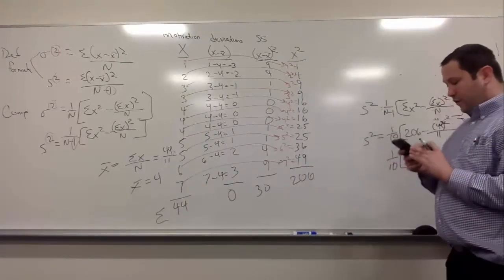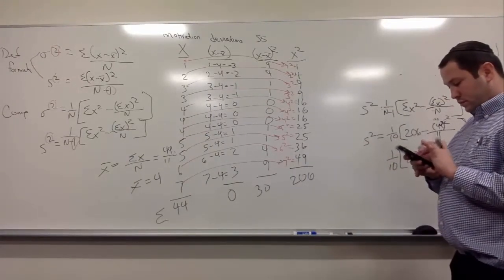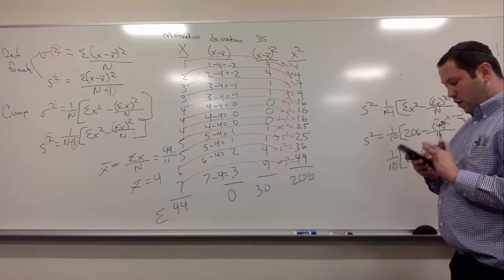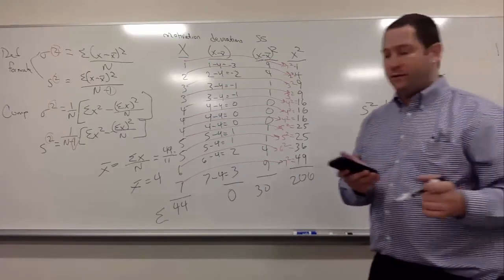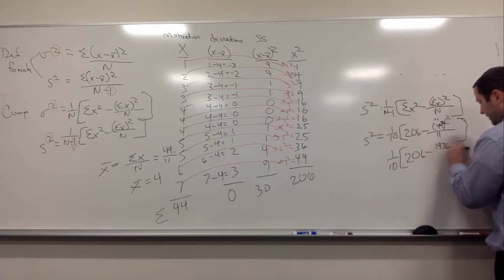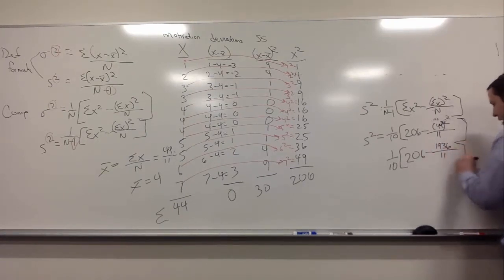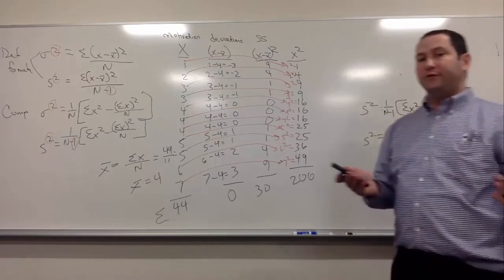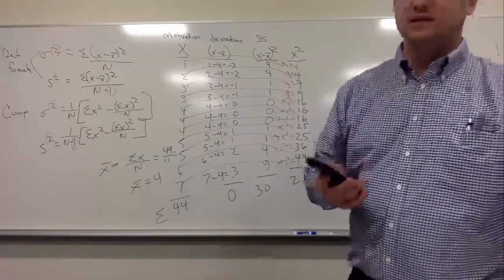So 44 squared, also known as 44 times 44, comes to 1936 divided by 11. And that's exactly what we got before, 1936 divided by 11.